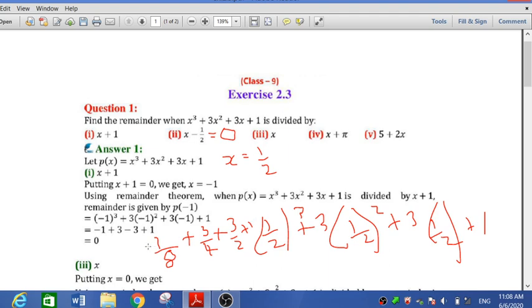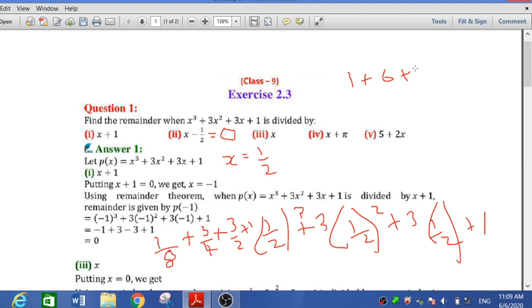So if I multiply 8 here, it will be cancelled and we get plus 1. In second, 3 by 4 is there, so I have to multiply 8, so we get 6. And in third term, multiply by 8, 2 into 4 is 8.